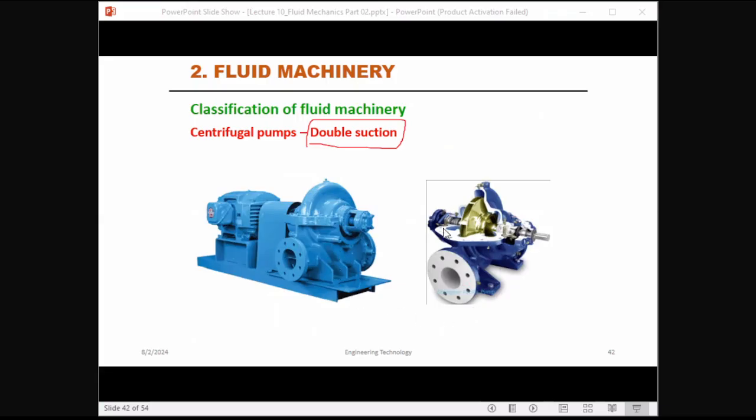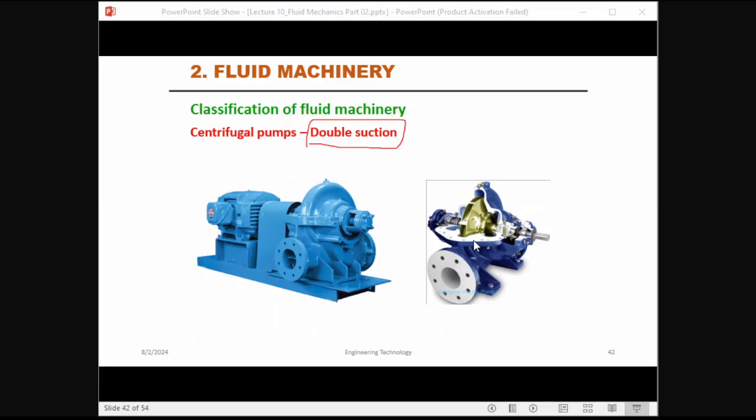In this case, this double suction pump features a pair of impellers arranged in a back-to-back configuration. The water discharge from each impeller is directed into a spiral casing. Here you can see the spiral casing.